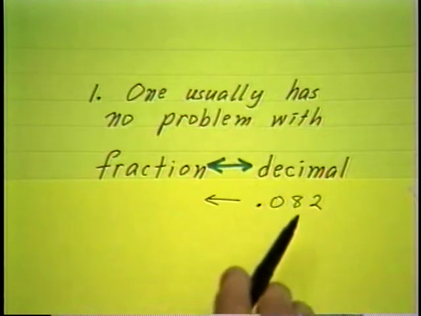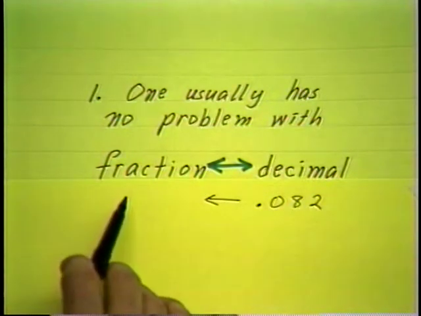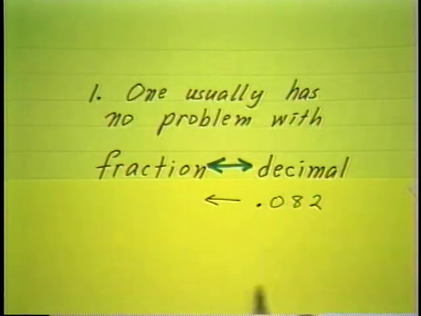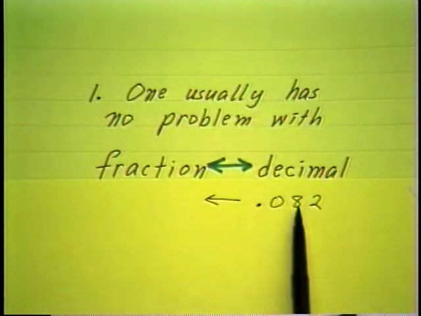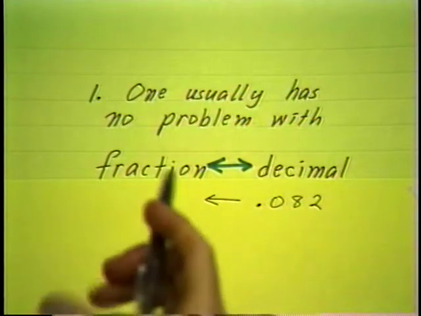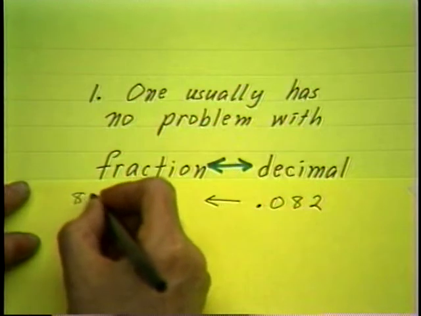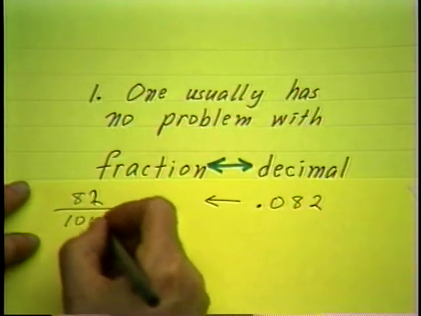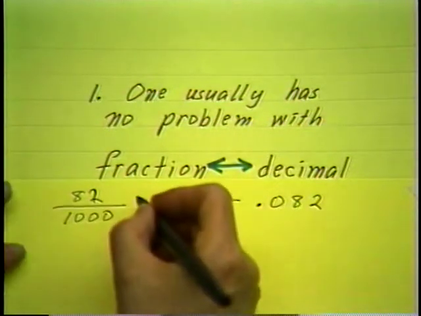And one has the decimal equivalent. On the other hand, if one wishes to go from a decimal back to a fraction, one basically only had to be able to read this. First, the place values, tenths, hundredths, thousandths. So we have 82 1,000th, and we simply write what we just got done saying, and then reduce.